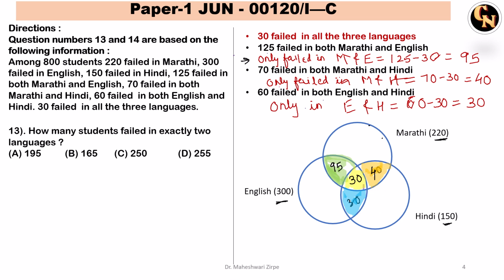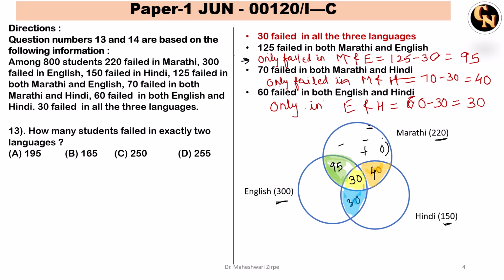Take 220 minus this whole part, that is minus 95 minus 30 minus 40. So basically you add them, 95 plus 30 plus 40, and subtract from 220. So it comes out to be how much?